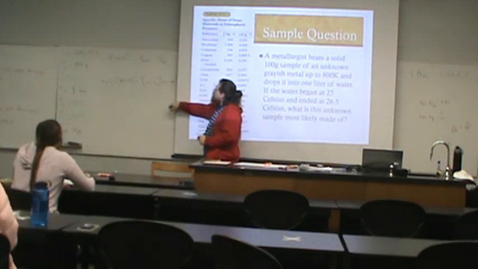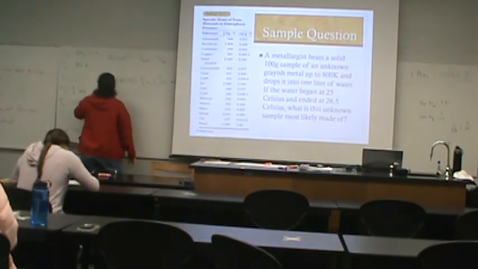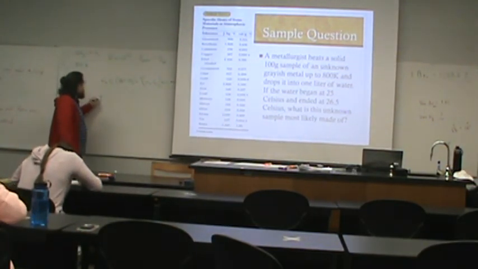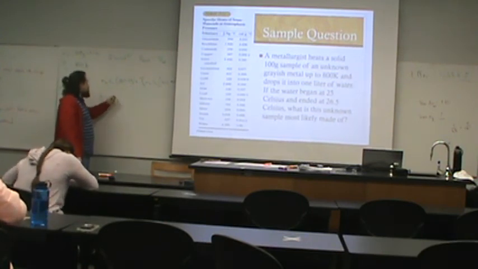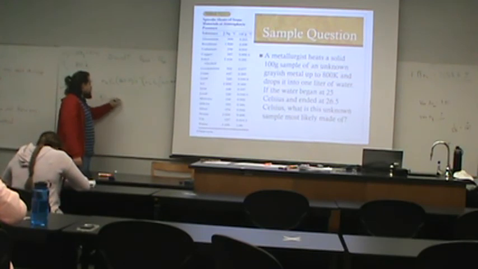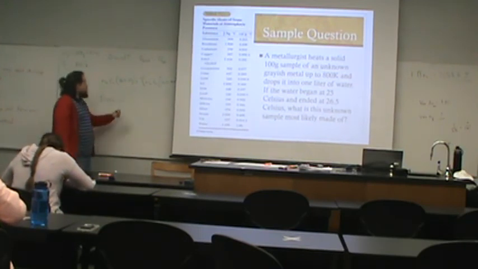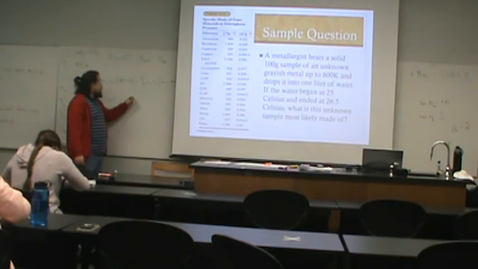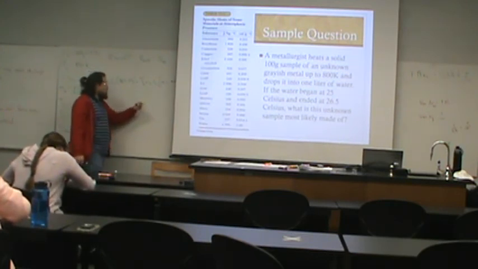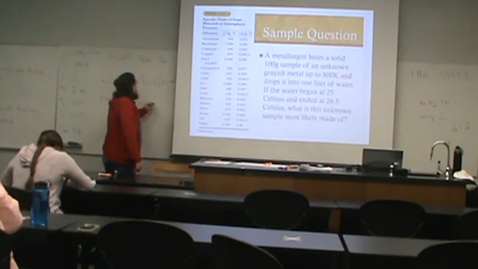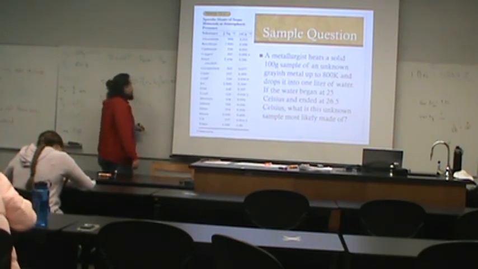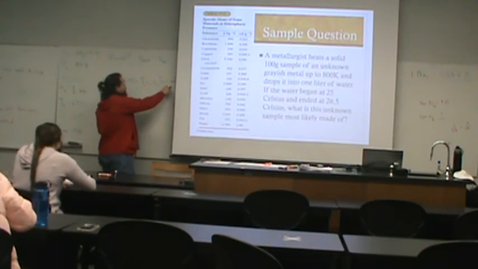And now we just plug in everything we know. 1 times 4,186, times this difference. I'll just go ahead and compress that to 1.5 Celsius equals negative times 0.1 times C of the metal times negative this difference.